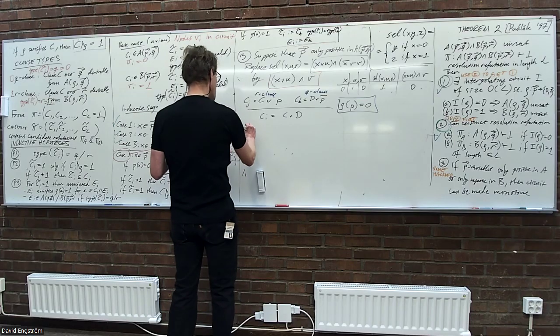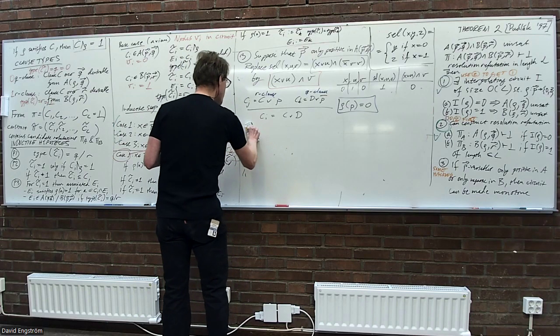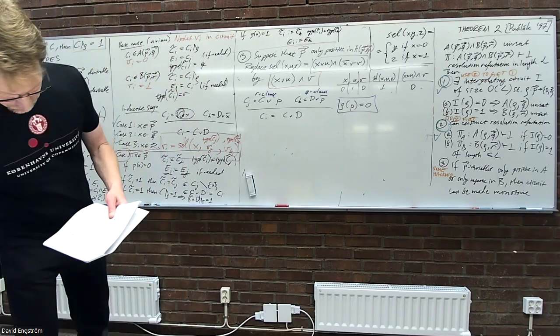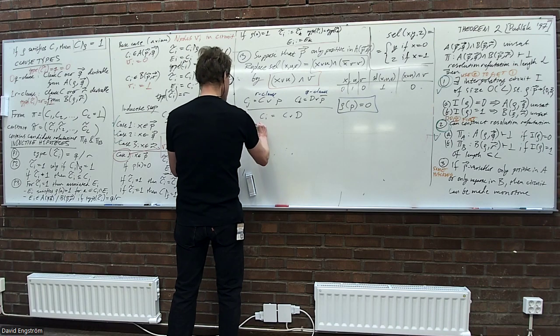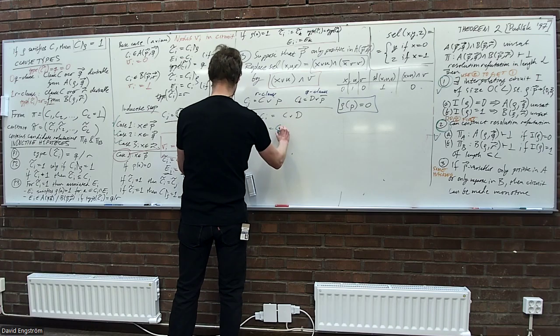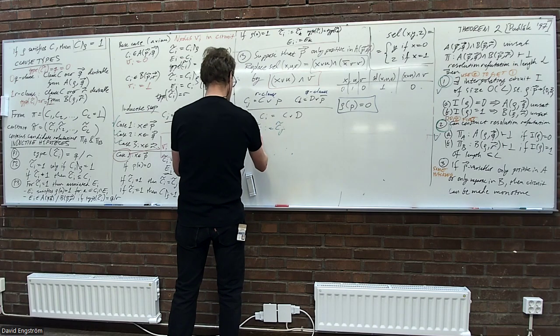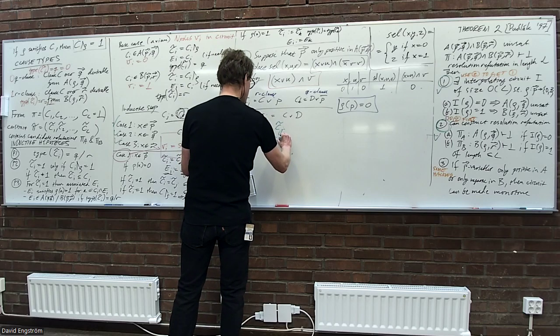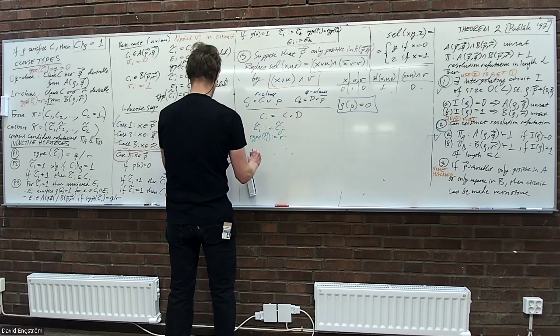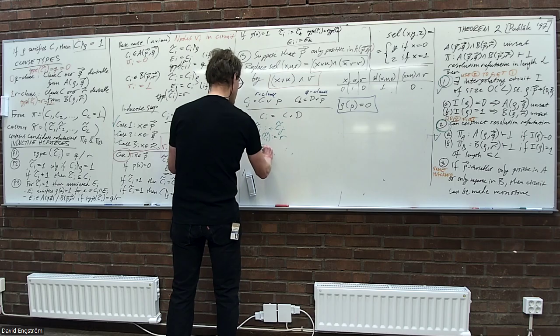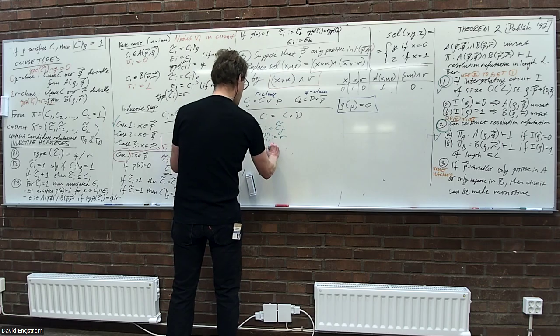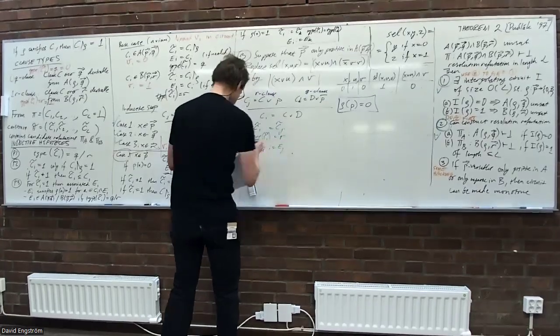So basically, we expected Ci tilde to be Cj, we expected Ci tilde to be R, and then we expected Ei to be Ej.